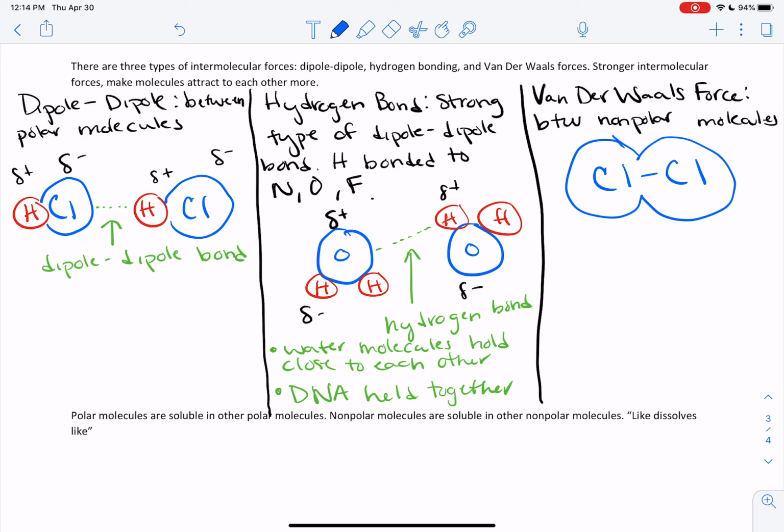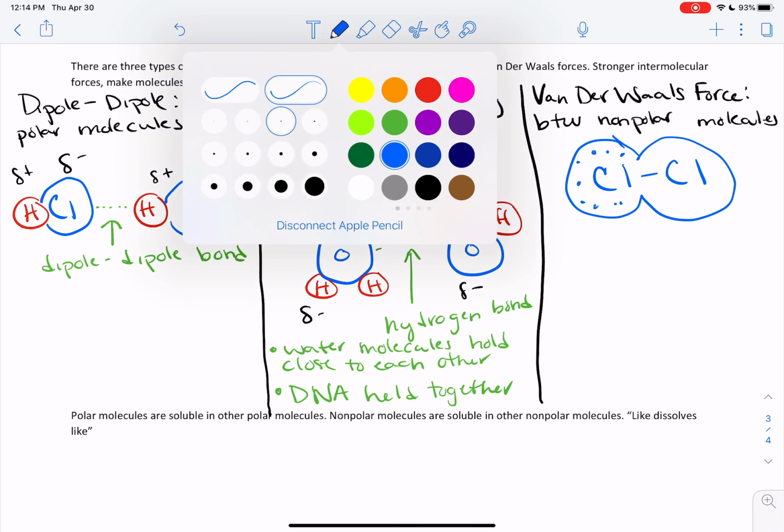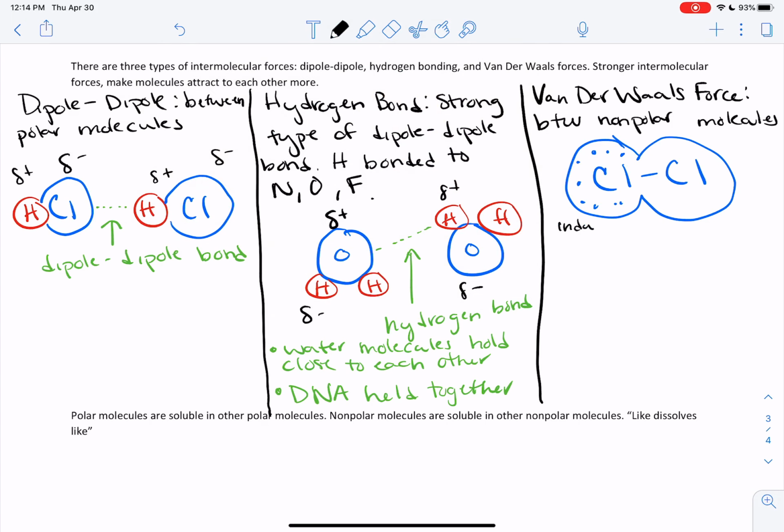Okay? And usually our electrons are all evenly spread out because they're both holding the electrons equally. But we also know that these electrons are moving randomly throughout. So it's possible that for a quick second, all of the electrons are on one side. And when that happens, we have an induced dipole. So it's partially negative, but just for one quick second.